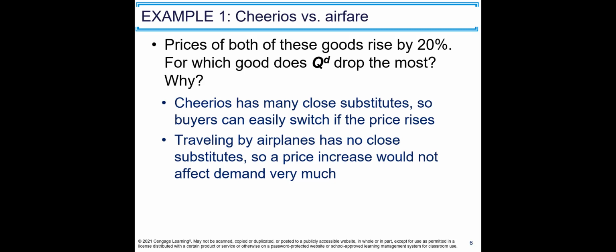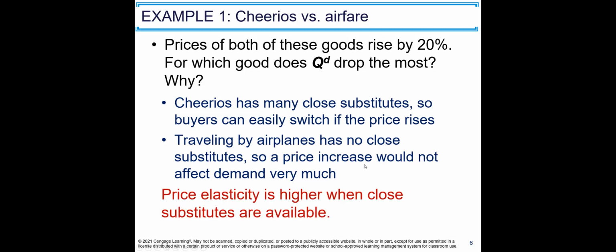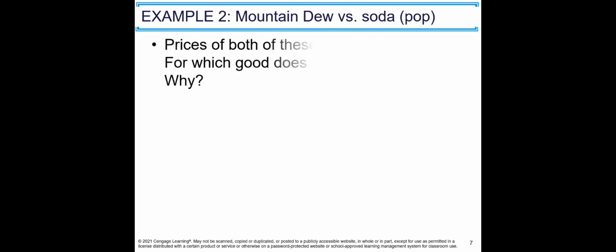You may say that I'm not going to travel as much as before, but you still need to take the airfare, for instance, from one place to another if you consider the distance especially. So for that reason, quantity demanded for airfare is price inelastic compared to quantity demanded for Cheerios. Price elasticity is higher when close substitutes are available.